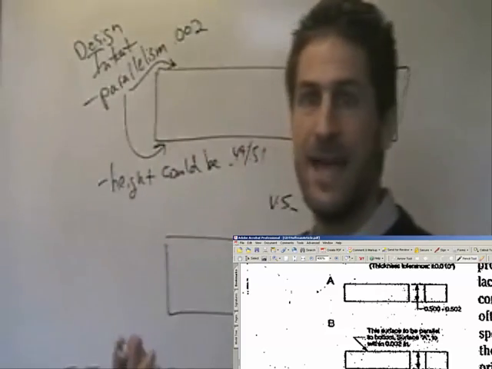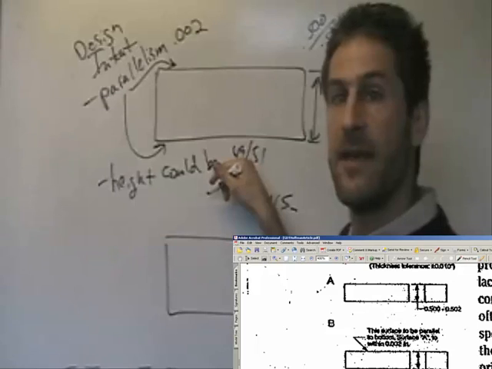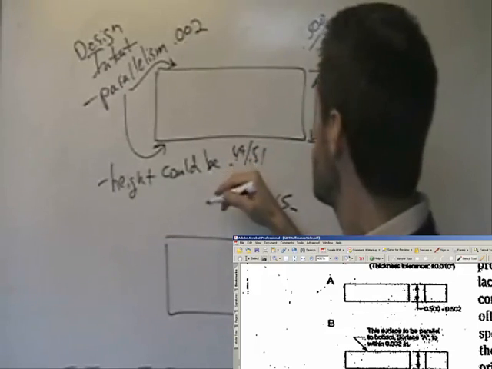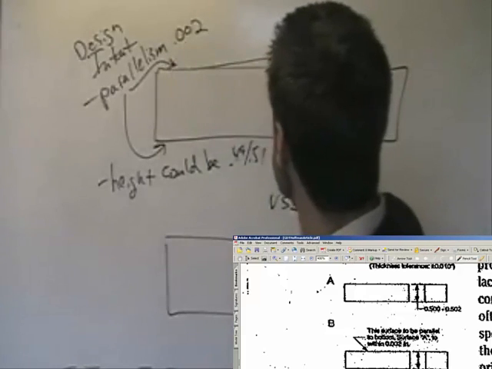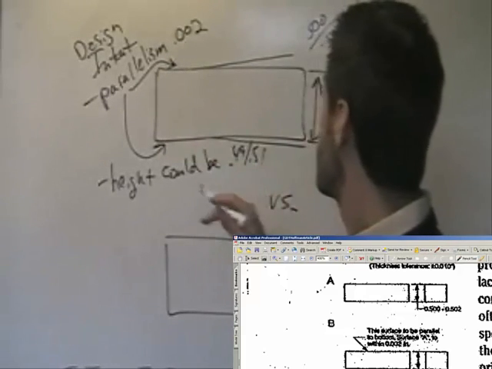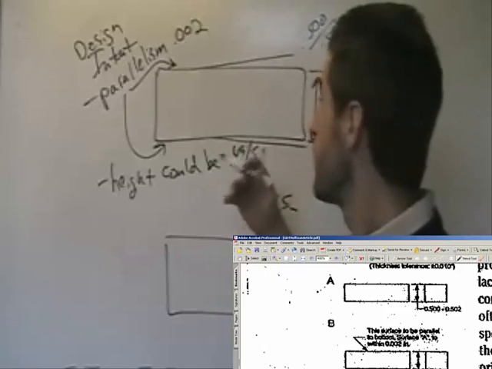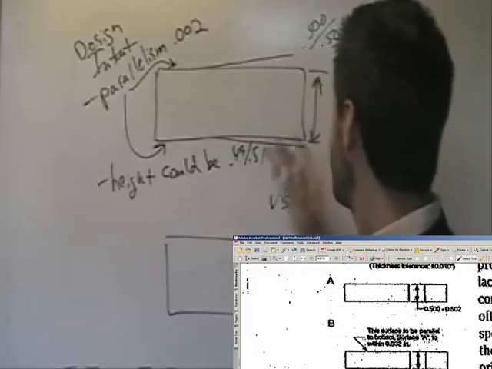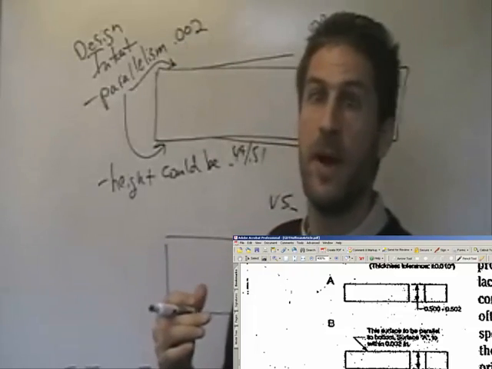Of course, the designer doesn't want to put that as the tolerance there, because then we could end up with something that's not parallel, where it's 0.49 at one end and 0.51 at the other, and then it wouldn't be within this 0.002 parallel.